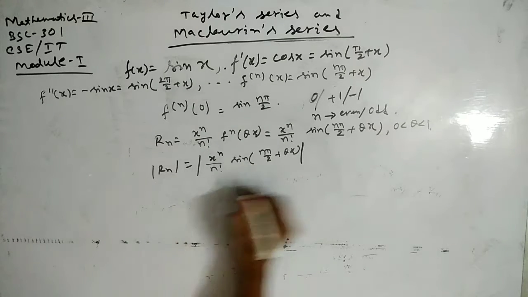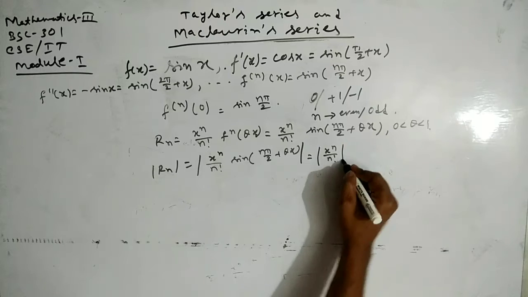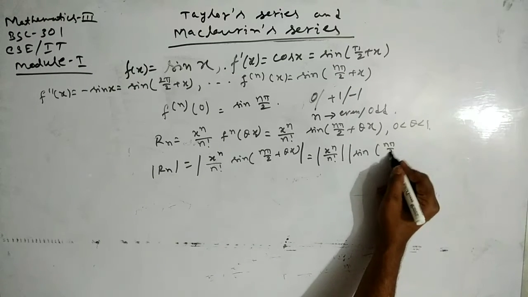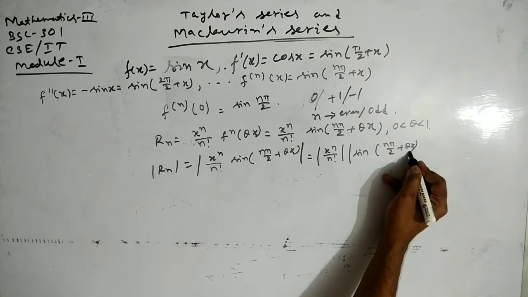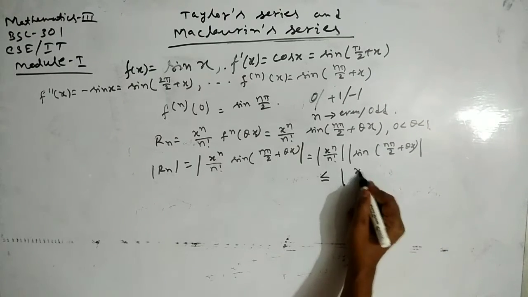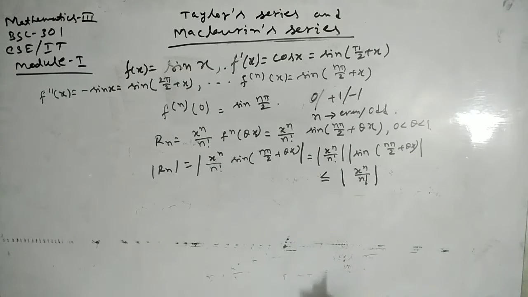This is equal to mod of x to the power n by n factorial into mod of sin of n pi by 2 plus theta x, which is less than or equal to mod of x to the power n by n factorial.